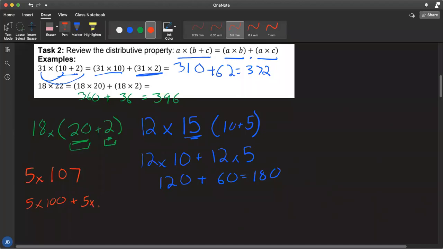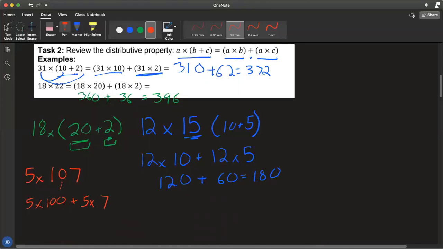Okay, so we wouldn't need 0 because 5 times 0 would just be 0. Yeah, so we could just do the last digit, which is 5 times 7. Perfect. I like what you did with the 0. In this case, we wouldn't need to use that 0 because 100 is right here and then 107.